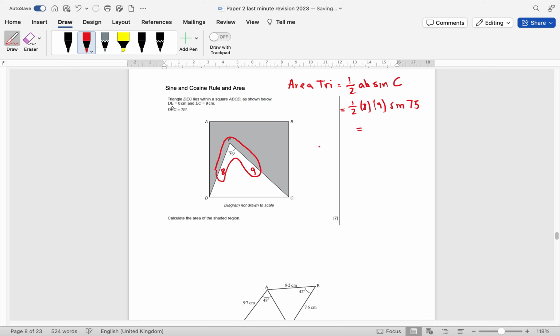In order to work out the area of the square, it's length times width, but because it's a square, they're the same, but I don't know the lengths. So now I'm going to use the same triplet, but to work out how long the square is.